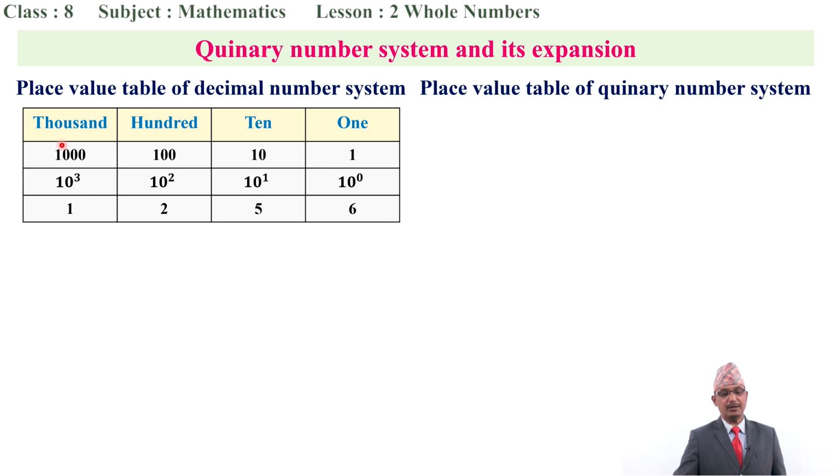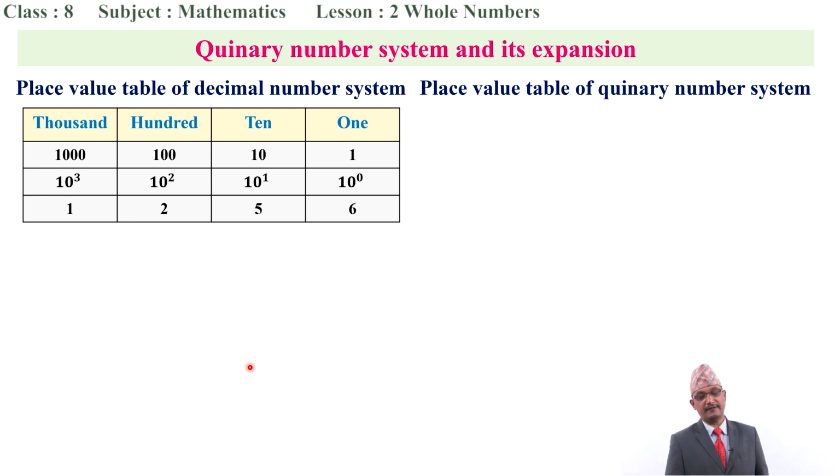Now we discuss the place value table of the quinary number system. In the place value table of the decimal number system, we have multiplied by 10, 1 tens are 10, 10 tens are 100, 100 tens are 1000, because base is 10. Similarly, in the binary number system, base is 2. So in the place value table, we write 1, then 2, then 4, then 8. Similarly, can you guess what we shall write in the place value table of the quinary number system?